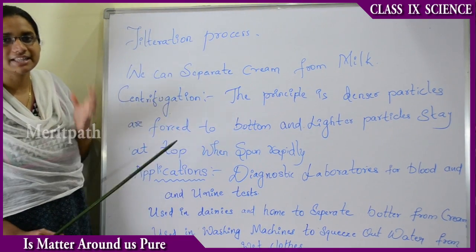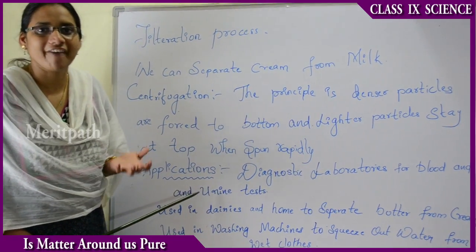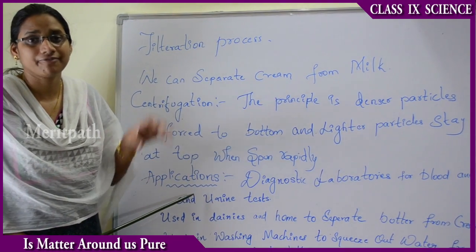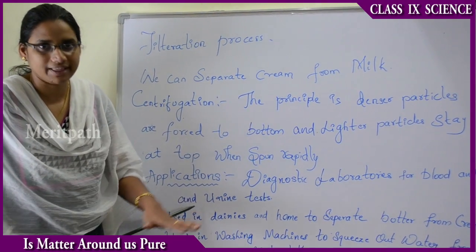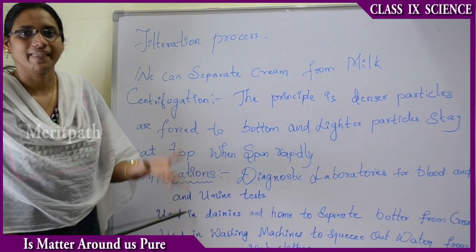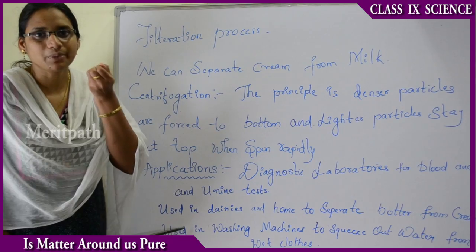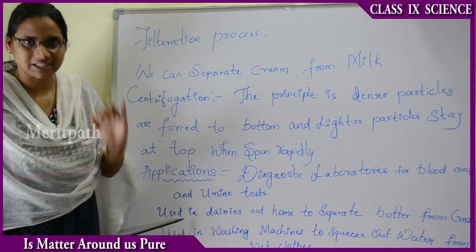That means the denser particles, those having more density than water, are forced to settle down in the water or solvent, and the lighter particles are pushed up to the top surface of the solvent.